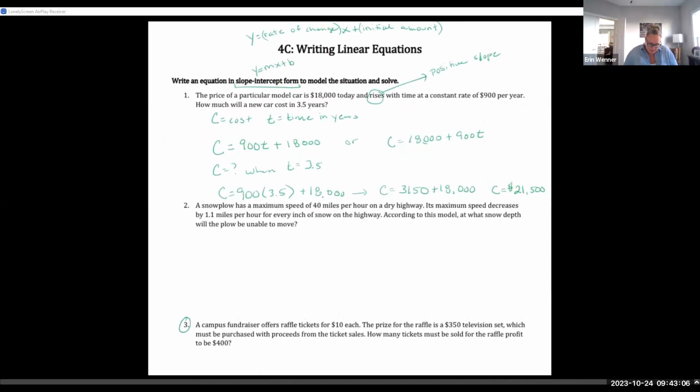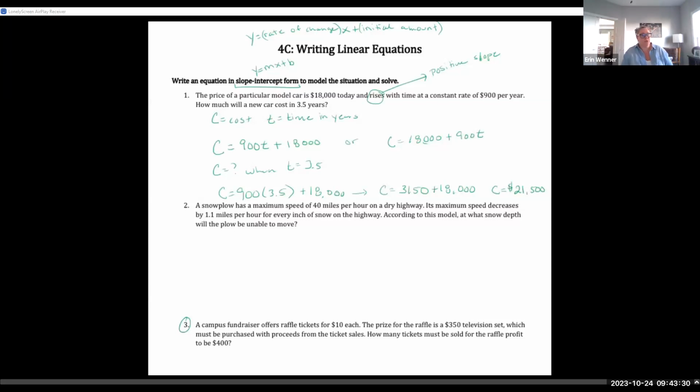One thing to keep in mind is with number 3, it says a campus fundraiser offers raffle tickets for $10 each. The prize for the raffle is a $350 television set, which must be purchased with the proceeds from the ticket sales. How many tickets must be sold for the raffle profit to be $400?